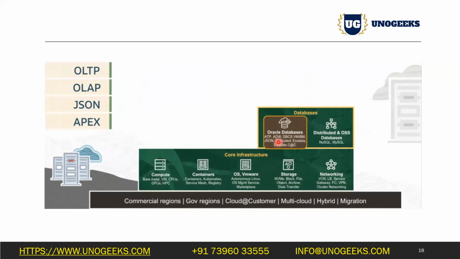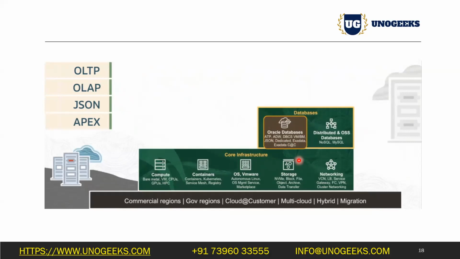So you see ATP and ADW as the database services you have in OCI, including OLTP, OLAP, JSON, and Apex. And then you can also run database in virtual machines. You have the VMDB system, which we have talked about, and you have the bare metal service where you can use your database on bare metal servers. You can make use of that service.